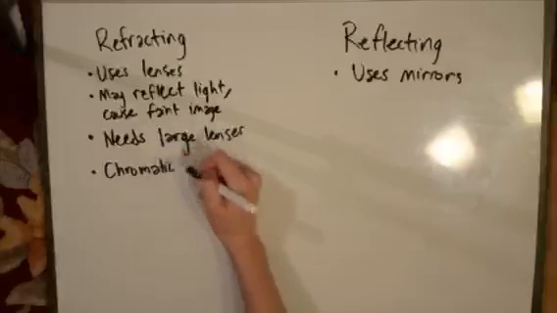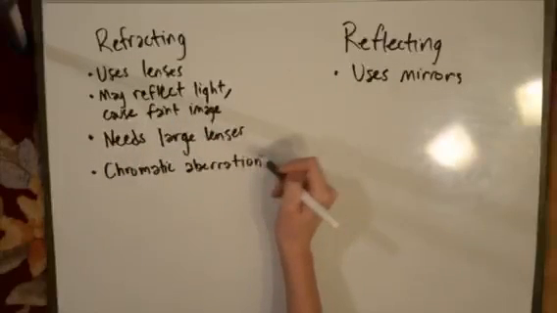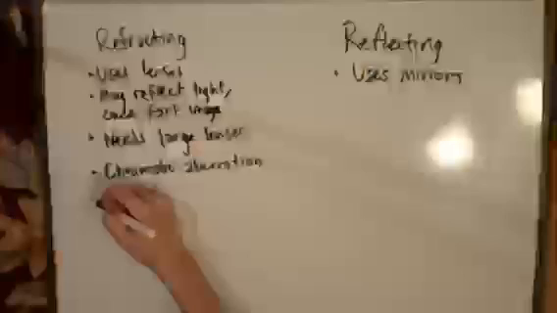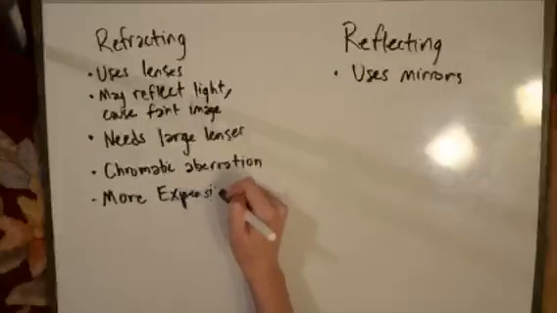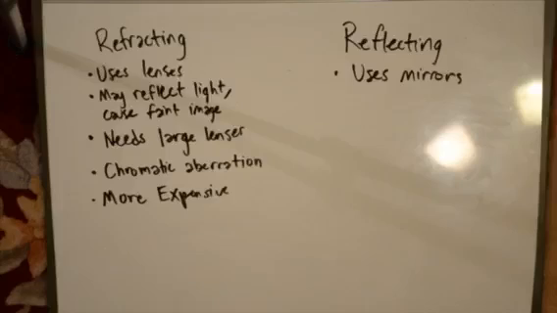Also, refracting telescopes have the problem of chromatic aberration, meaning the lenses may refract light at inconsistent angles throughout the lens and result in a blurry image. Refracting telescopes are also more expensive than reflecting telescopes, so in these aspects, the reflecting telescope is superior.